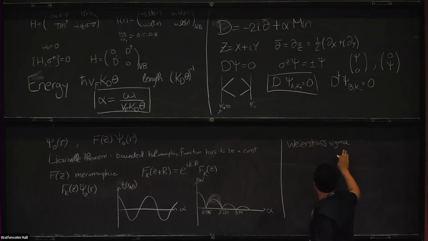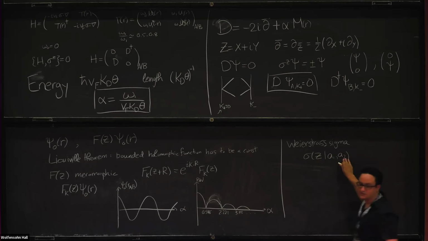So the Weierstrass sigma function takes a complex argument, and then it takes two complexified vectors that correspond to lattice parameters. So we think of these A1 and A2 as the basis vectors of the lattice.